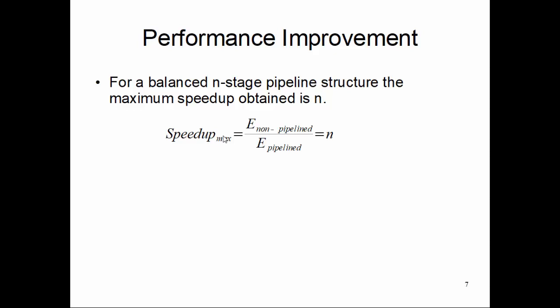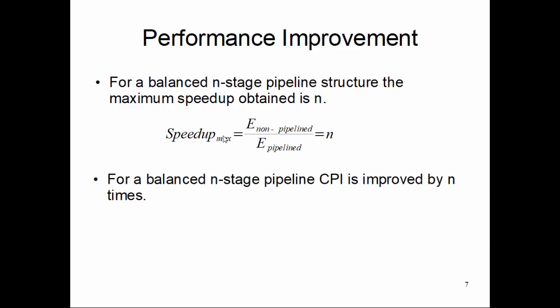In that case, the maximum speedup obtained is n. Now, why does the maximum suffix come into the picture? Our claim is, for a balanced n-stage pipeline, CPU performance is improved by n times, and that is the upper bound it can go.